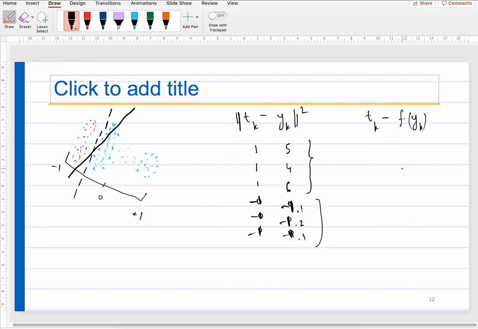Very good. Sigmoid function, what does it do? If this is my yk and this is my f of yk, it will be something like this. So if my yk is very, very large, even then the f of yk will be clipped to 1. So this is a good option.